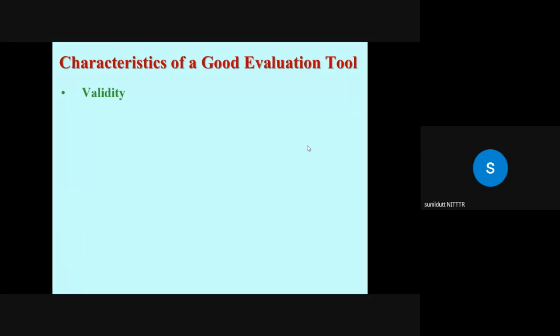For example, what is the learning outcome and what is the corresponding question? If there is a proper match between the learning outcome and the statement of the question, then the question will provide valid results. So validity, you see, refers to the appropriateness of the interpretations which are made from test scores or other evaluation results with regard to a particular use.